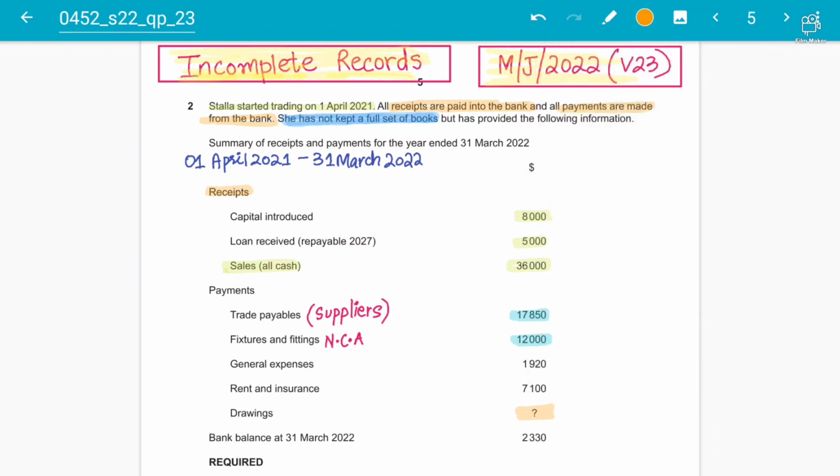If any student who is watching this lecture doesn't know what drawings are, drawings are basically what you have taken out for your personal use, okay? Any amount or any goods that you have taken for your personal use. So in this case, it is Stella. If Stella has taken out some amount from the business for her personal expenditure, personal household or personal expenses, whether in the form of cash, bank account, or in the form of goods, it is counted as drawings, because this is contra to capital.